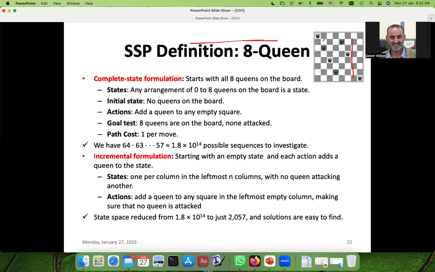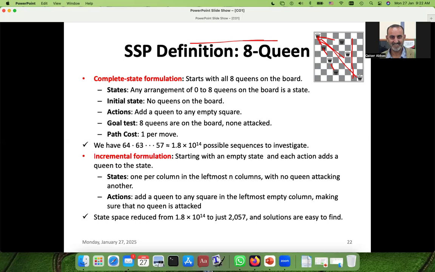So what this 8 queen problem is: you have to place these 8 queens on the chessboard, and the goal is that none of these queens will attack each other. For example, they are not attacking each other, they are not attacking each other, and they are not attacking this one either.